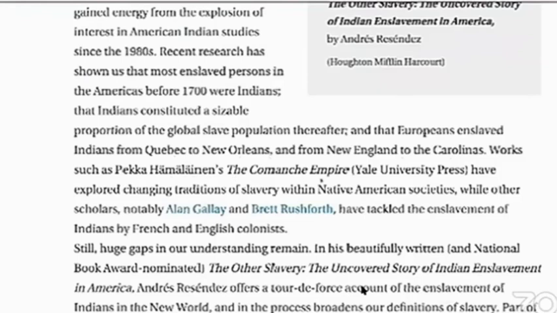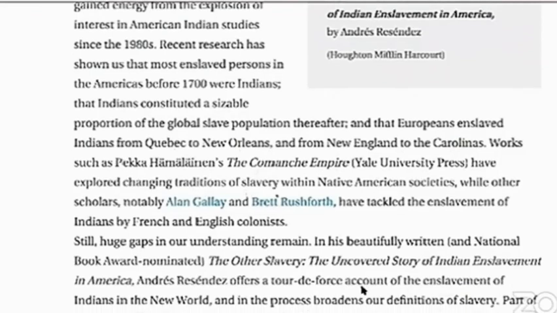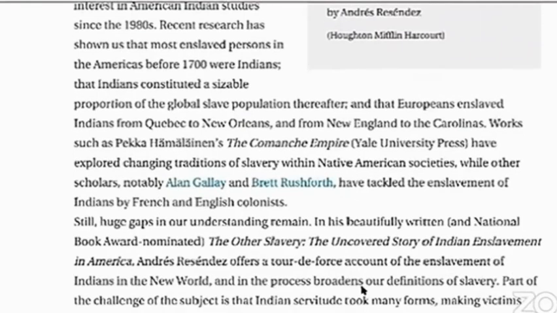Works such as Pekka Hämäläinen's The Comanche Empire, Yale University Press, have explored changing traditions of slavery within Native American societies, while other scholars, notably Alan Gallay and Brett Rushforth, have tackled the enslavement of Indians by French and English colonists."